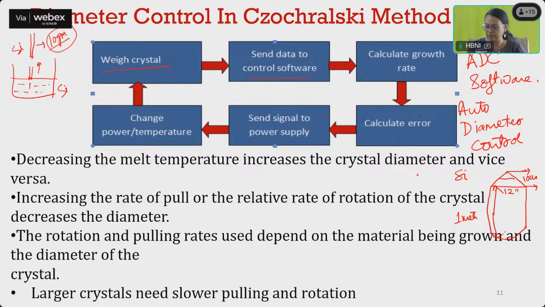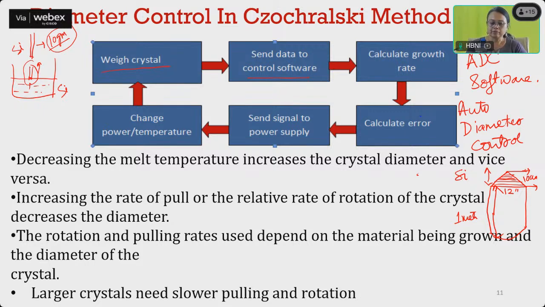I know the density of my silicon and I know the geometry. So at every given point of my growth, I know what will be the weight of my growing crystal. Theoretically, I know what should be the weight of the growing crystal at every point. The software will calculate that.